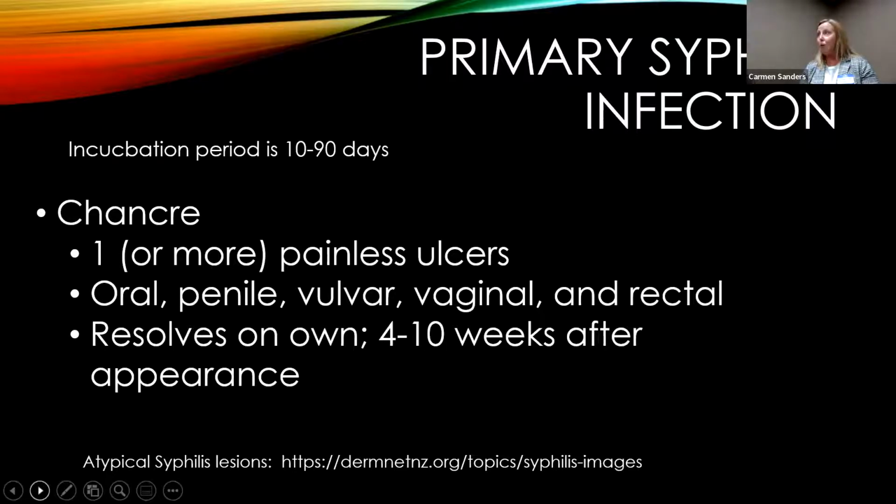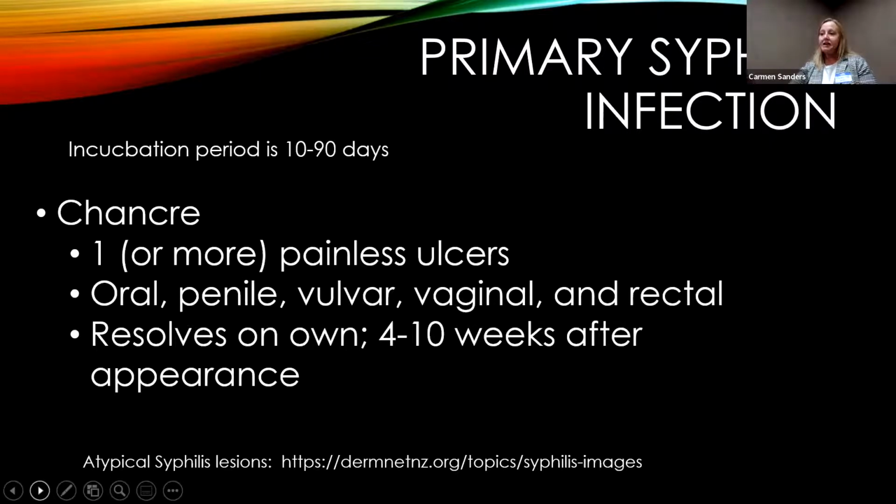We have oral chancres. We've seen obviously penile and vulvar chancres, intravaginal inside the vagina, and rectal chancres. They can just kind of sprout up anywhere. It usually resolves on its own, and that happens about 4 to 10 weeks after the appearance. So it's not a sore that only lasts a couple of days and then it's never seen again. It sticks around for a little while.